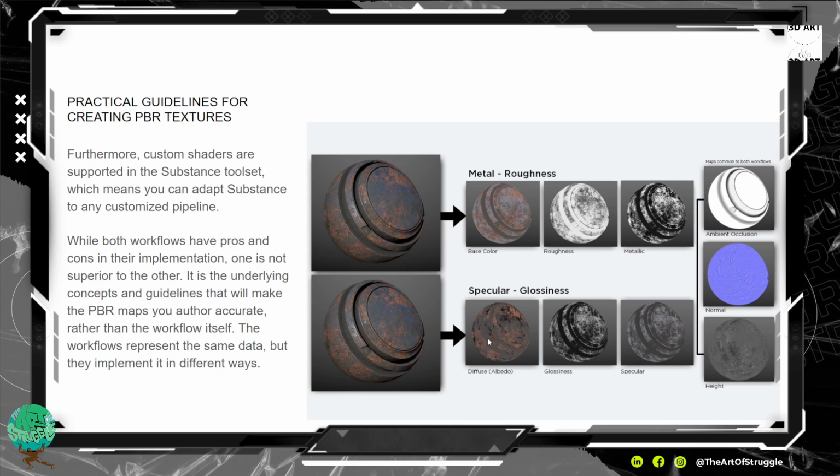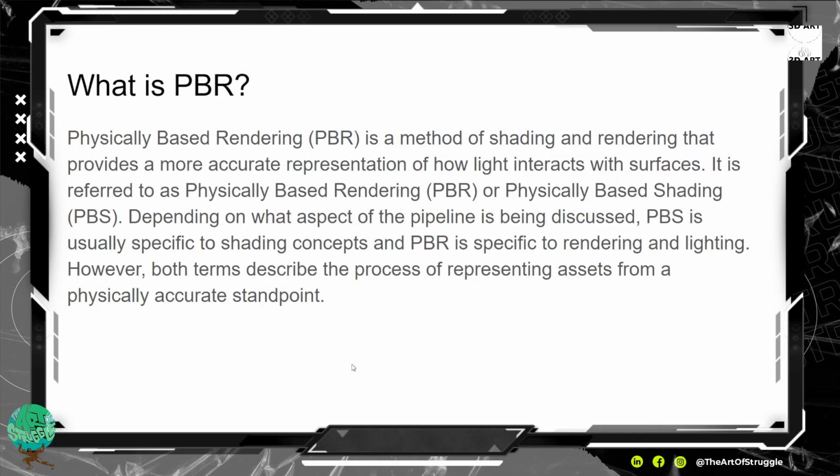That might have changed, but last time I was working in both softwares simultaneously, I would be like, oh, the metal roughness workflow works a little better inside of Unreal, and specular gloss just looks better inside of Unity. That might have changed, as their softwares have definitely updated to maybe close the gap a little more. The workflow represents the same data, but they implement it in different ways.